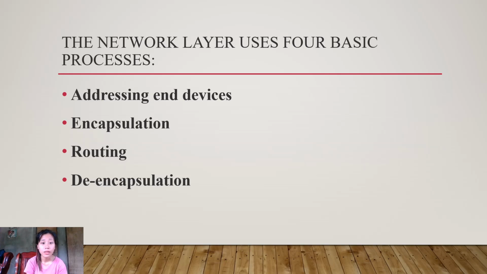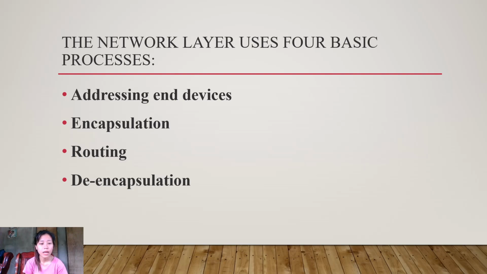The network layer uses four basic processes: addressing end devices, encapsulation, routing, and de-encapsulation. For addressing end devices, end devices must be configured with a unique IP address for identification on the network.